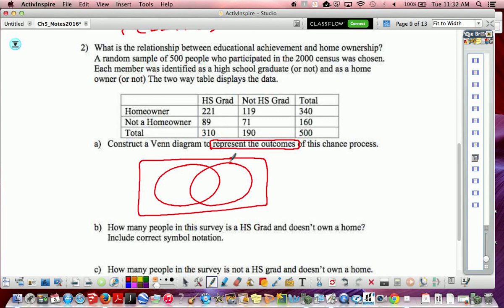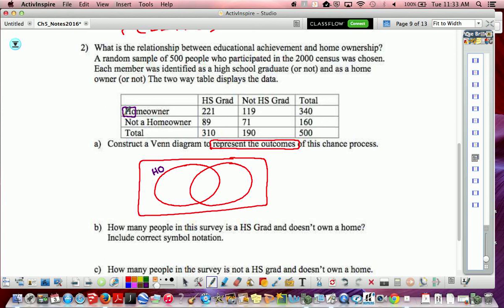So what letter or letters do you want the first circle to represent? Homeowner. So can I go HO for homeowner? How about for the second circle? NH. N-H for what?